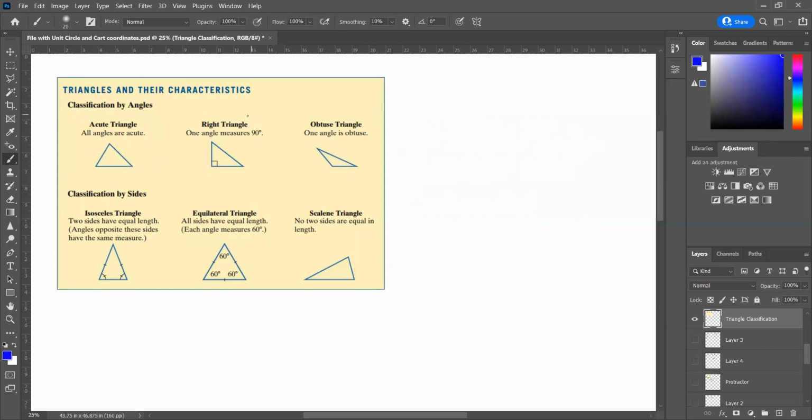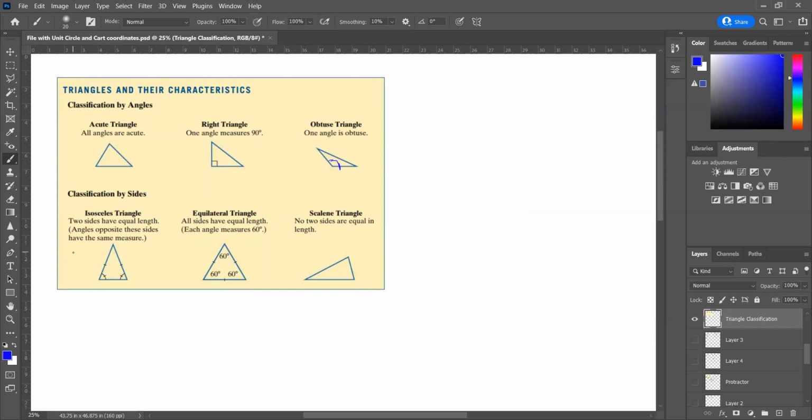Now our next one over is a right triangle. And that's what we get when one of the angles is 90 degrees. We'll use that a fair bit. Right triangles are really good for us. An obtuse triangle is one where we have an angle that is larger than 90 degrees, but of course less than 180. It's an obtuse angle.